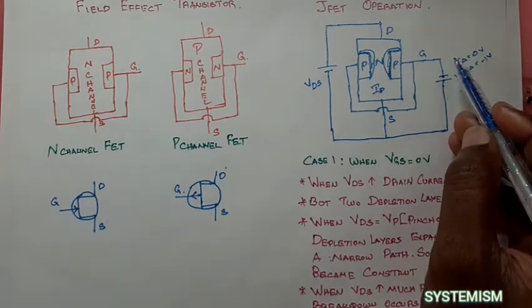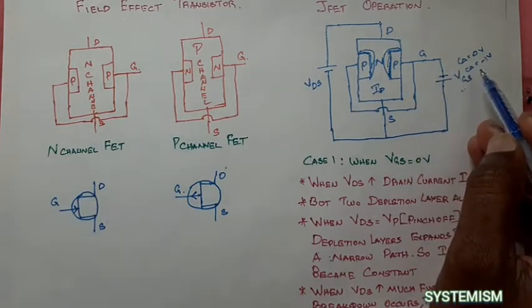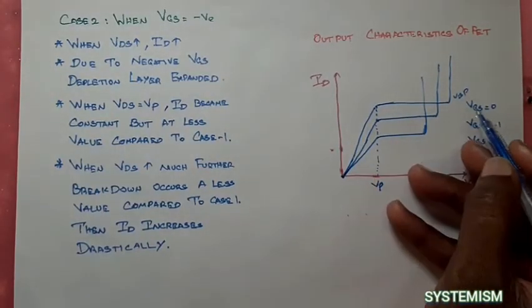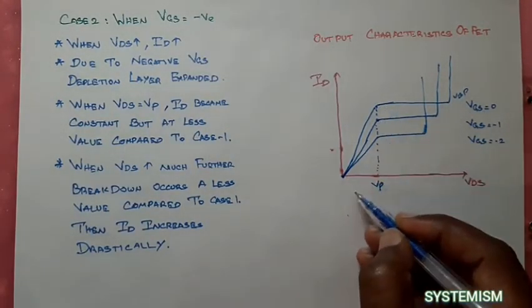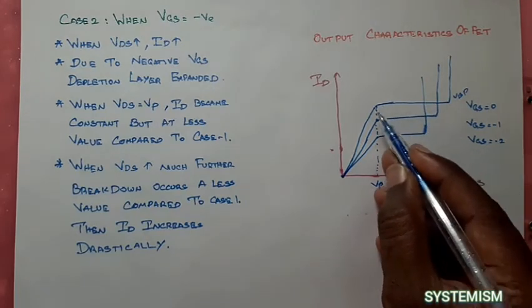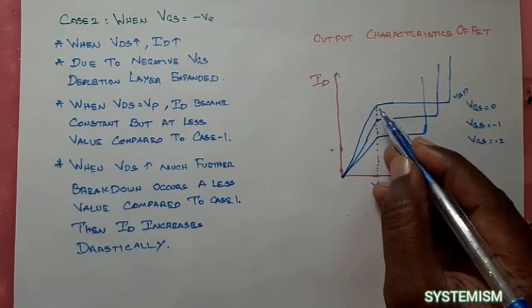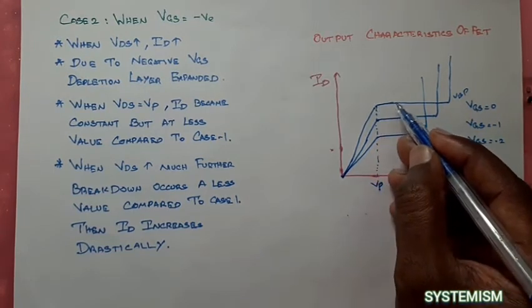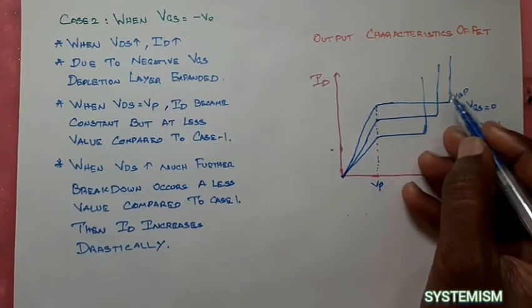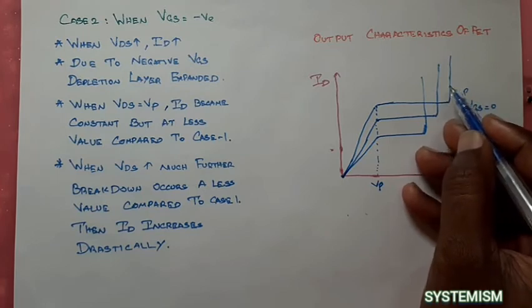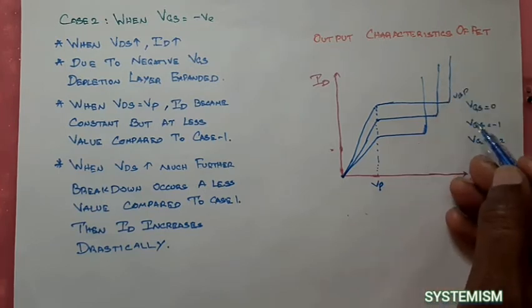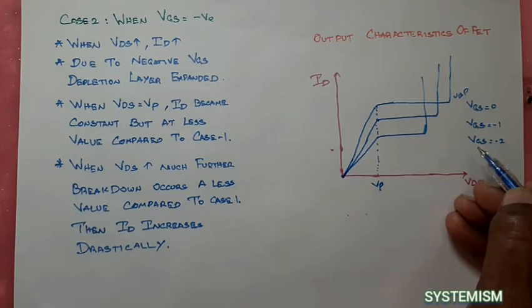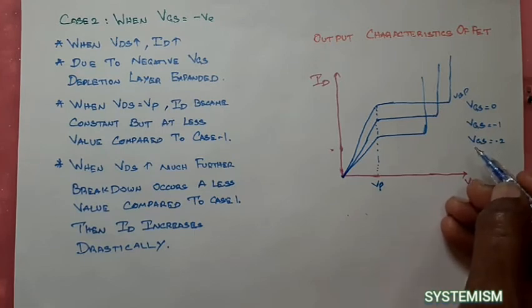When VGS equals 0, the drain current increases but becomes constant at a particular point called the pinch off voltage. When we increase VDS more and more, the drain current is maintained constant. At a particular point, the breakdown voltage, it increases very fast. The same way for VGS equal to minus 1 and minus 2. I hope you clearly understand the field effect transistor.